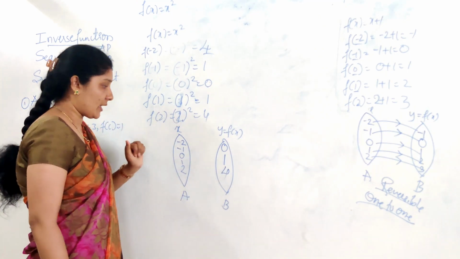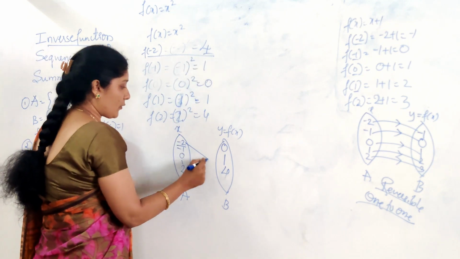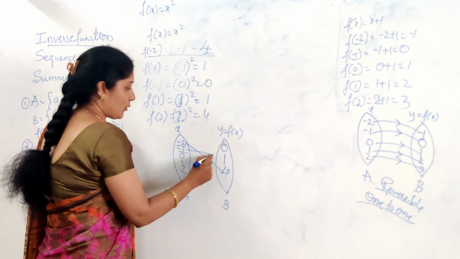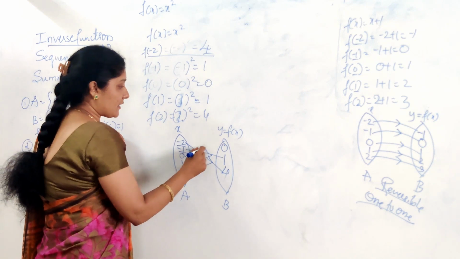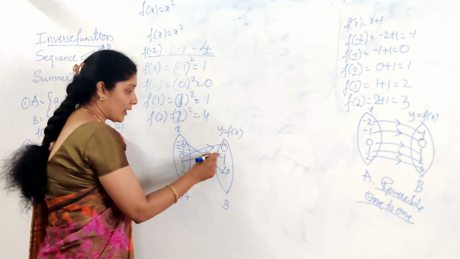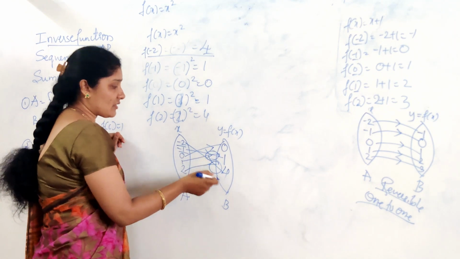When we have such values, see, f of -2 is 4. f of -1 is 1. f of 0 is 0. Whereas f of 1 is 1. Okay. f of 2 is 4, which is already there.